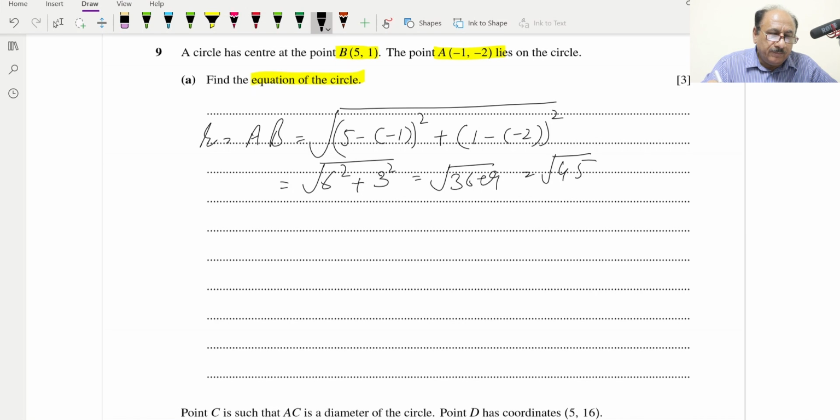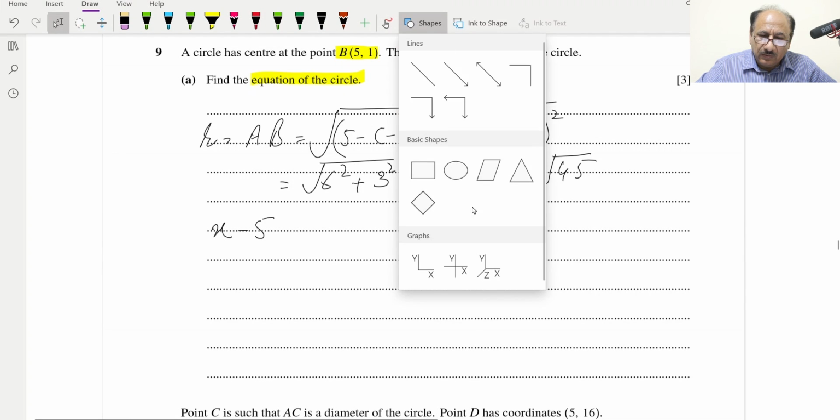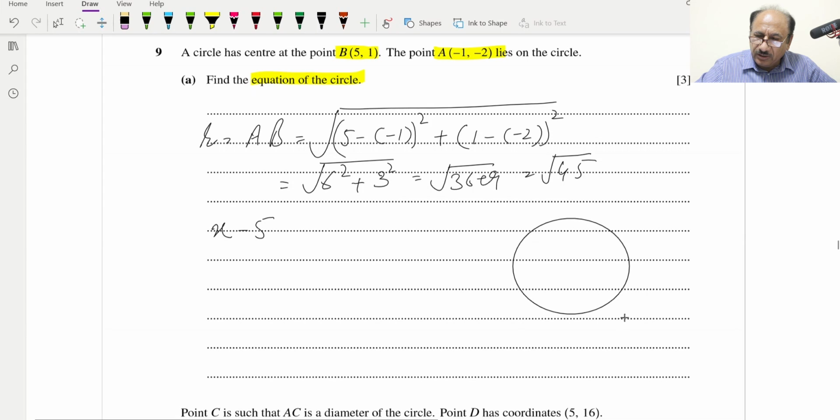I'm writing this one now, because we will be using the under root format. Then we can use the circle formula. If I draw a small circle for explanation, this is the center B, with coordinates 5 and 1, and the coordinates of A are -1 and -2.